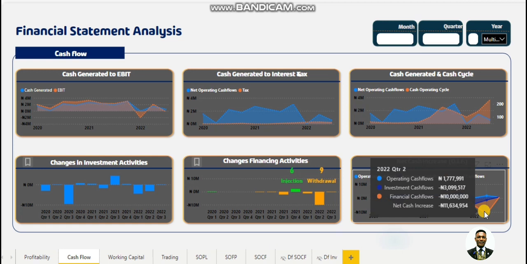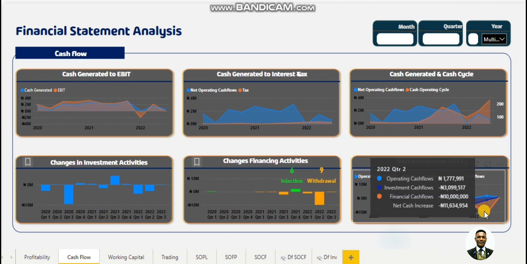This can negatively affect the business, and now we've seen one key reason into why the cash flow of the business may not be going as fine. The owners of the business have taken out money, leaving the business with very little to run its operations in the most effective way, coupled with the fact that the company has to invest.